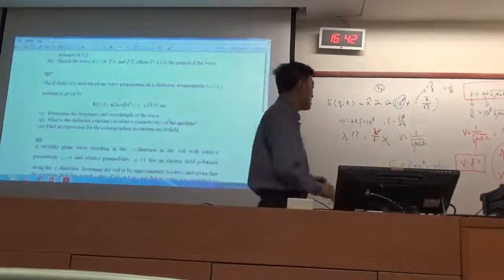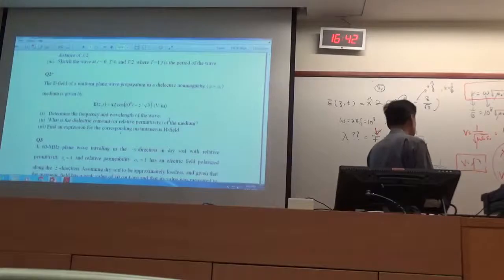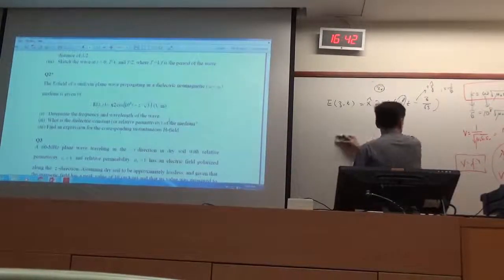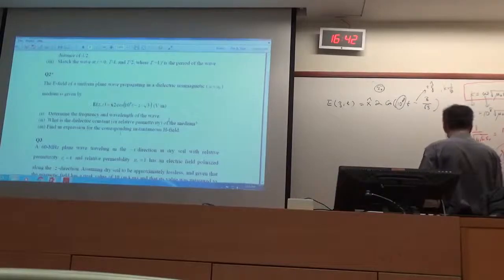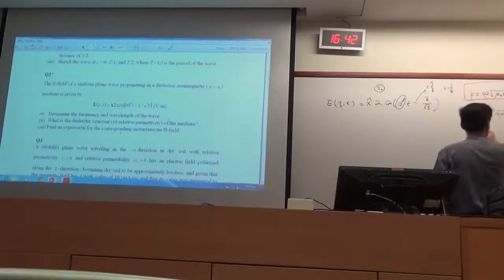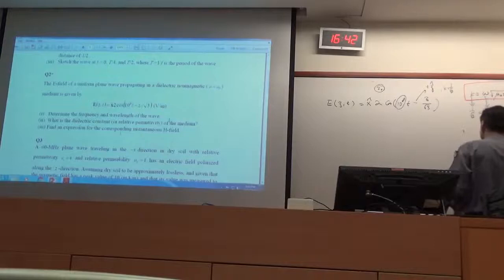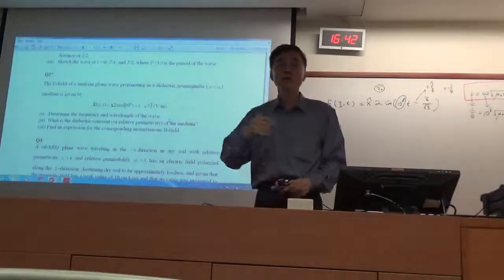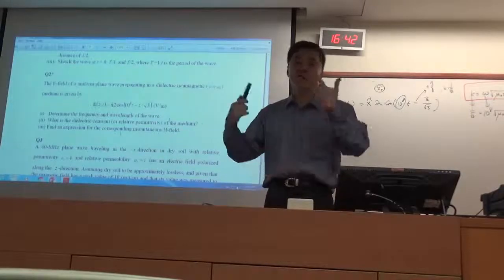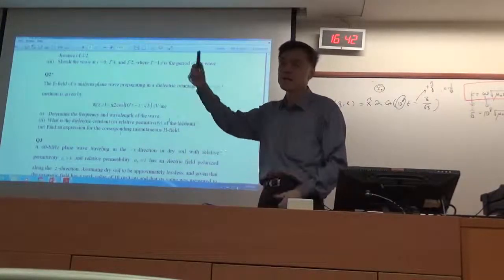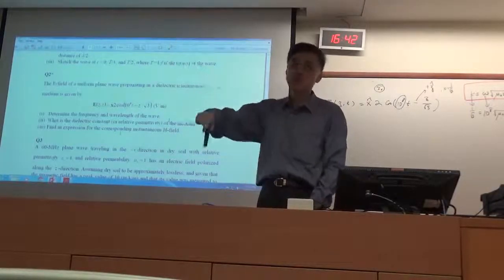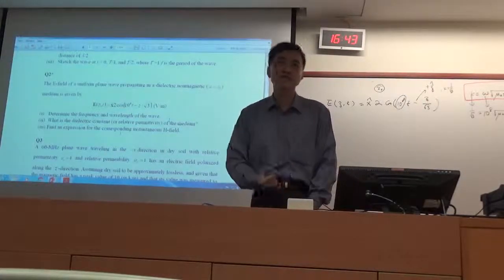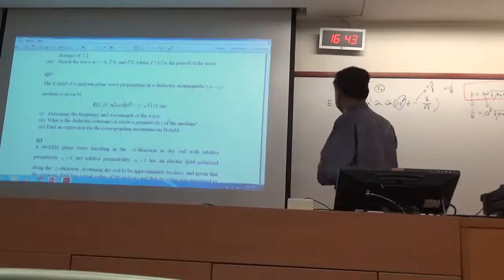Okay, if not, then find the instantaneous form for H. Now remember, although I have a quick way of going directly from instantaneous form to instantaneous form, I don't want to confuse you. I think we do the standard procedure.